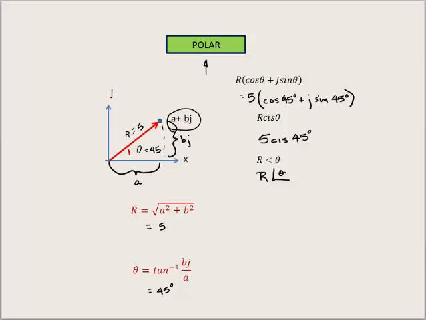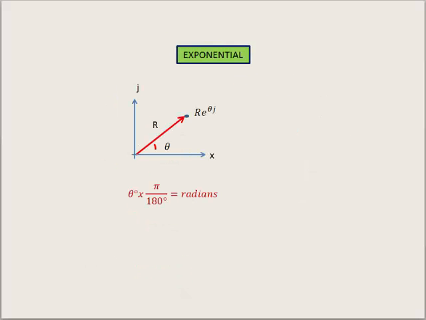So we'll rewrite this. I won't use this too often. 5 angle 45 degrees. So this is taking our a plus bj right there again, and we're converting it to polar format. We find that by finding the r and the theta.